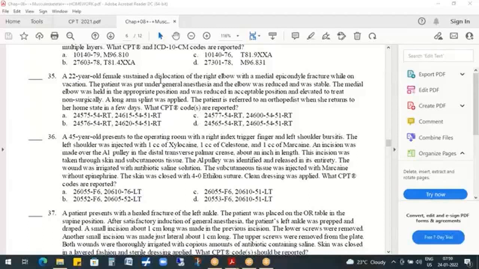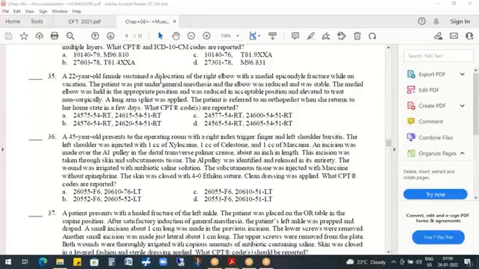Hi, sir. Yes, what is your doubt? Sir, in the previous question for soft tissue, 23066 is not mentioned as biopsy. Why is it coded 23066? Okay, let me check. Question number 28, right? What did you code? 23075, sir. What is that code description?